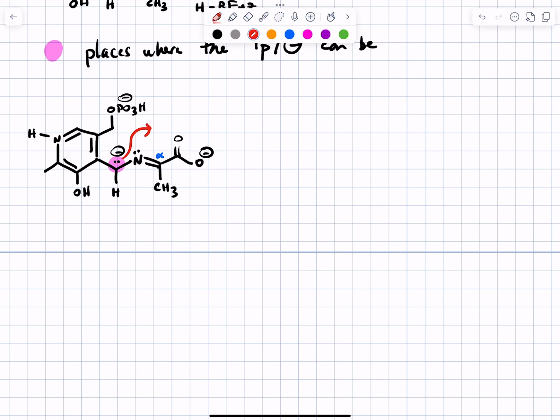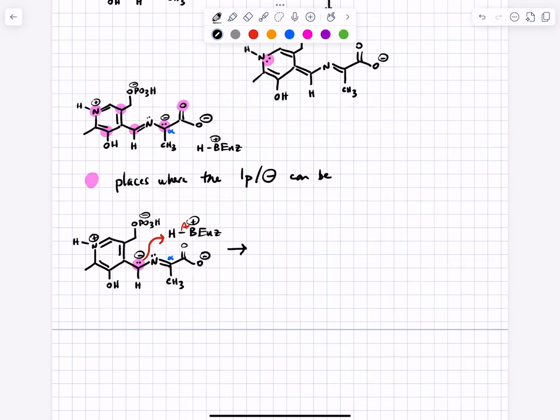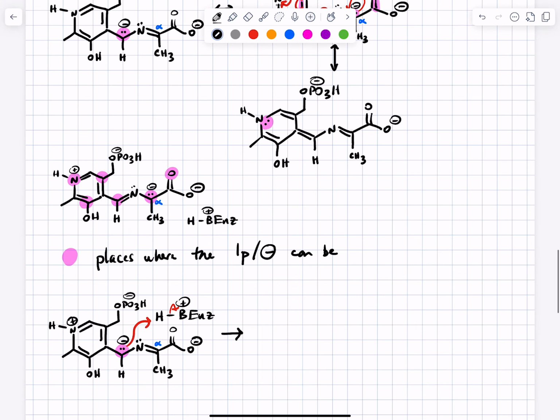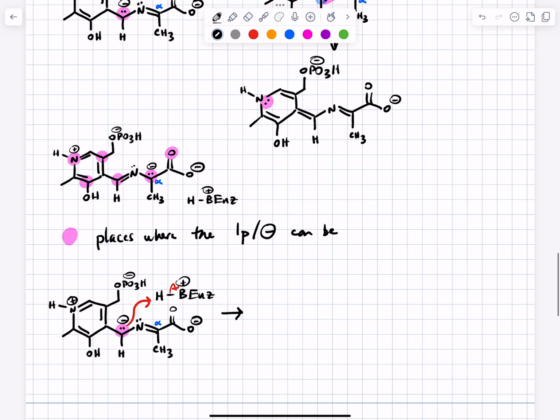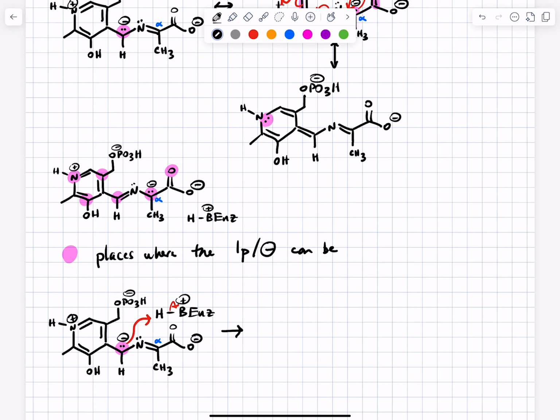So that would look like this. Pick up a proton from the conjugate acid of whatever base we were using to begin with. And let's look at what the product of that proton transfer reaction would be.